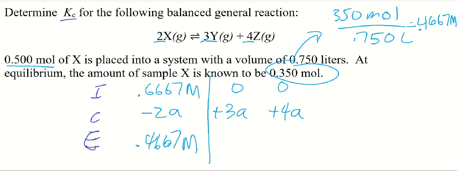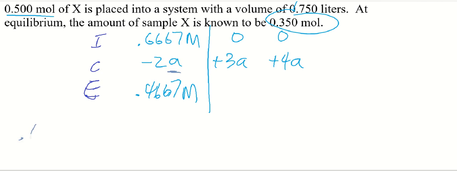So let's solve for a. Let's see what the change is. The initial is 0.667 plus the change, which is negative, so that's negative 2a, is going to equal the final condition at equilibrium, which is 0.4667. Now we're solving for a, so we're going to subtract 0.667 from both sides.